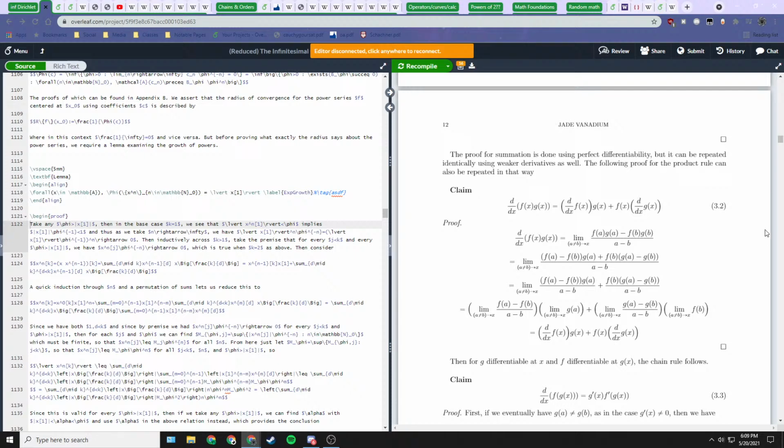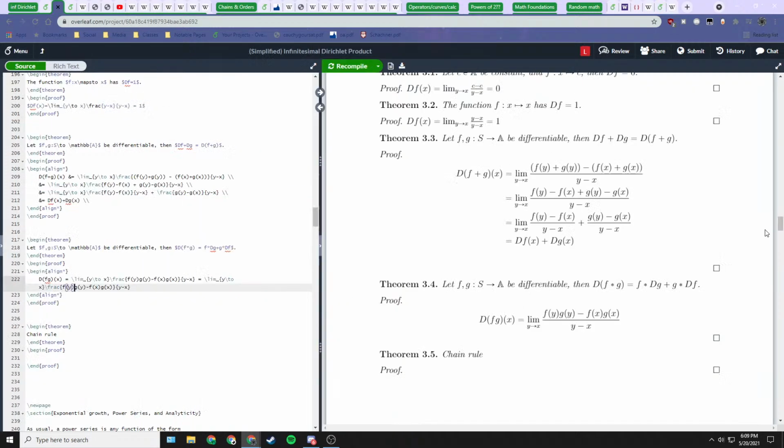So we'll do g, f of y minus f of x, and when we distribute this out, this gives us a minus f of x g of y, so we have to add that back in.